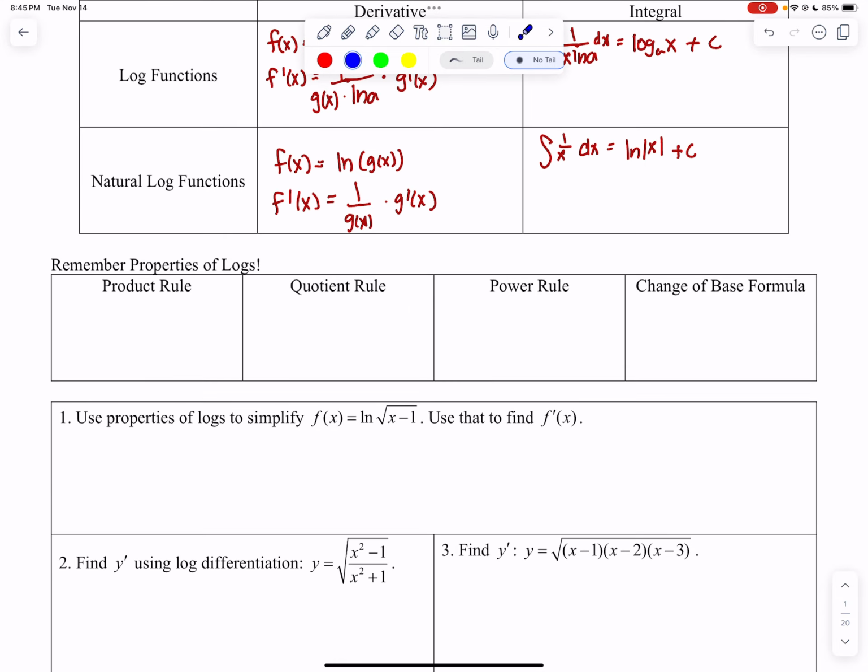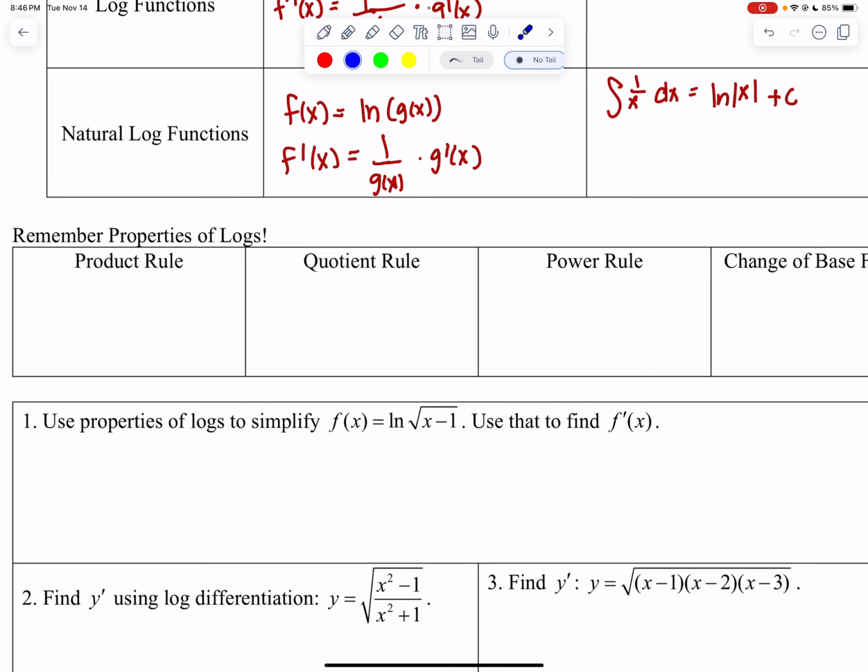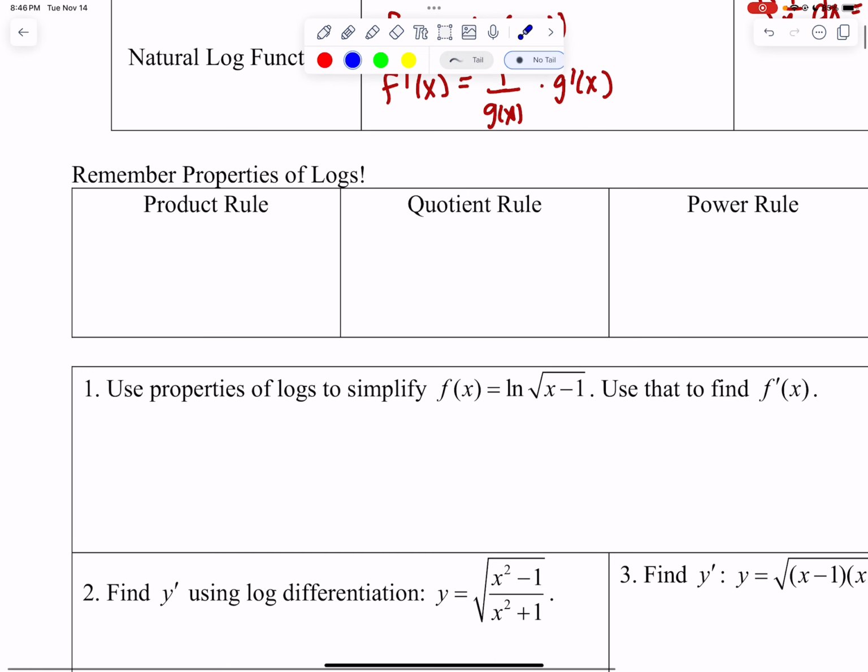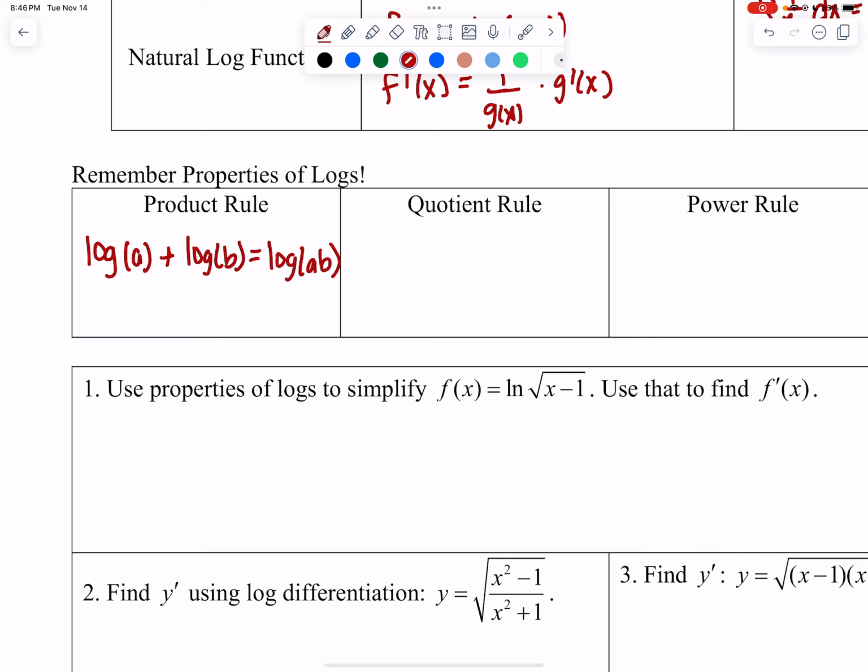In addition to that, make sure that you remember your properties of logs back in Math 3 and in pre-calc. So thinking about these, if you have product, remember that if you add your logs, you can condense them into one log by multiplying them. If you subtract logs, you can condense them down by dividing them.